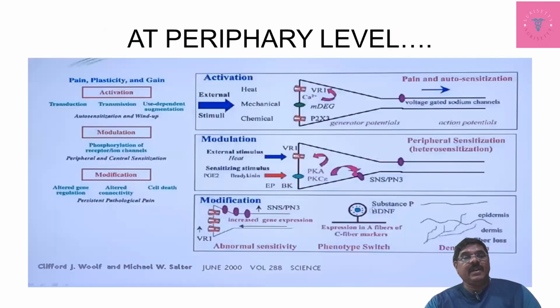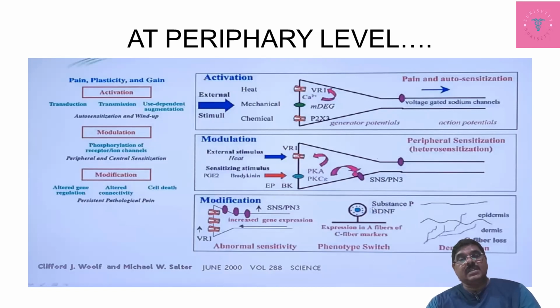So at the peripheral level, what happens? Under normal conditions, activation occurs due to the inflammatory mediators, and the impulses pass through the gated ion channels, generate an action potential, and go through the voltage-gated sodium channels. After some time, if it persists, the sensitizing stimulus occurs and opens the sodium channels.